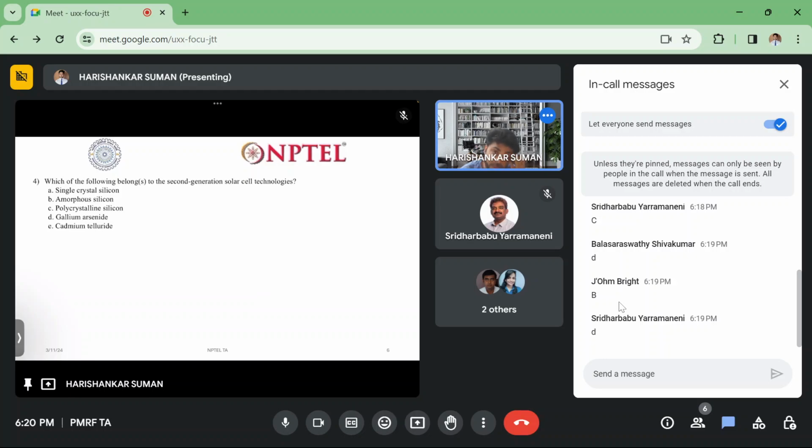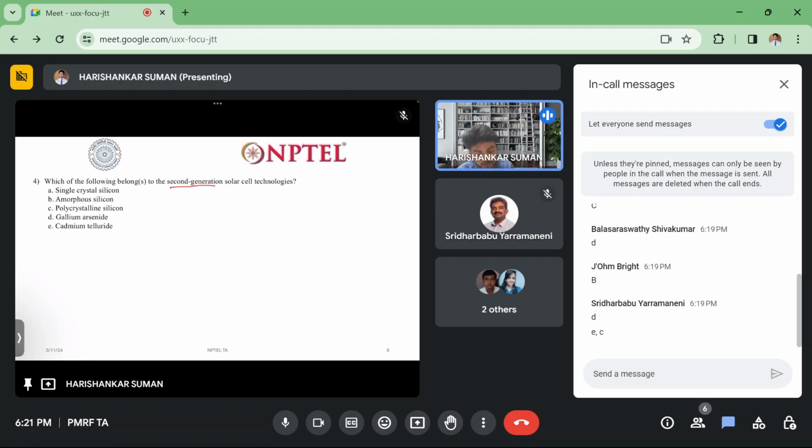Next question. Which of the following belong to the second generation solar cell technologies? Third generation, second generation, third generation solar cell. So please look into the matrix. Second generation solar cell, which type?